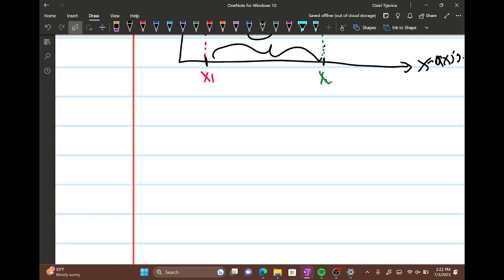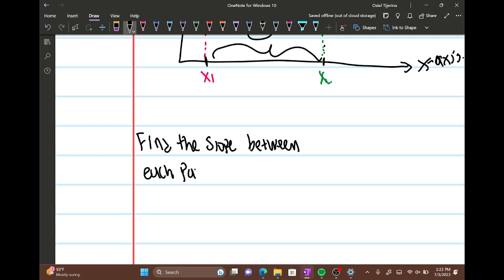Let's see here. So let me just come up with some examples here. So number one, let's say they give us an example such that it tells us, find the slope between each pair of points.